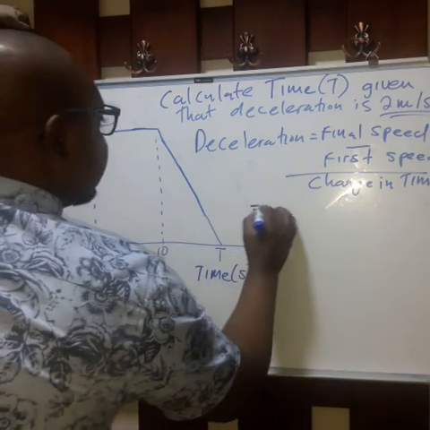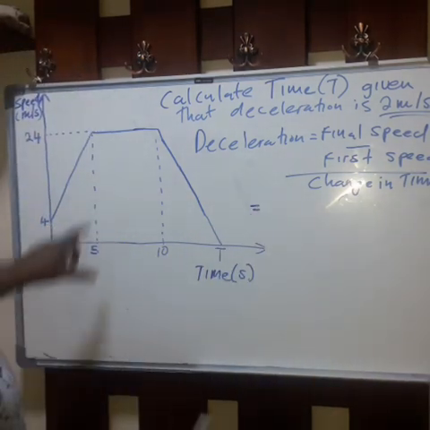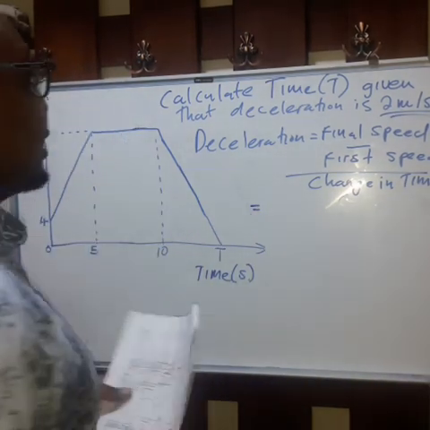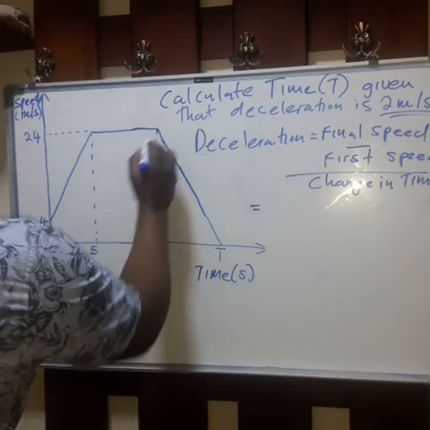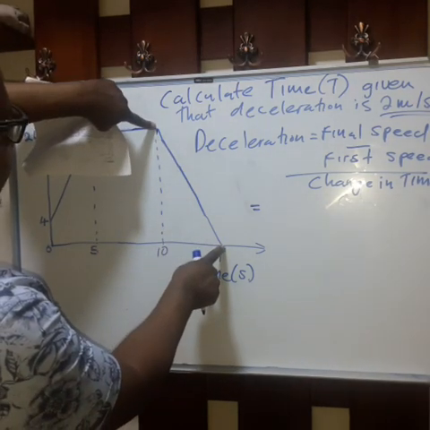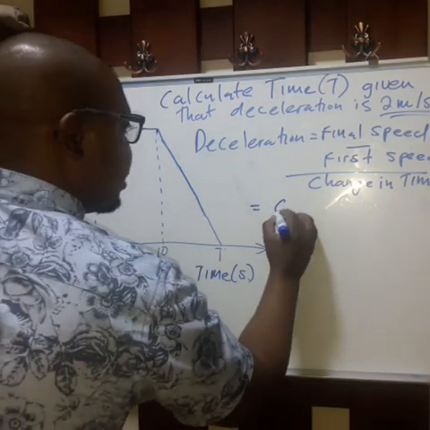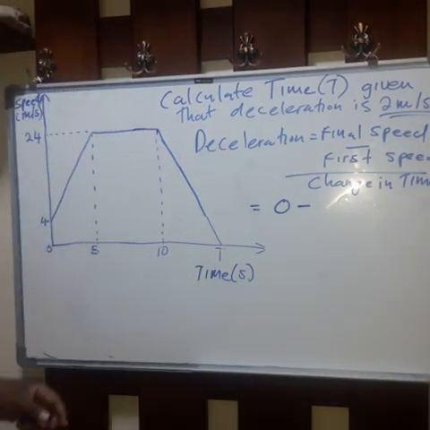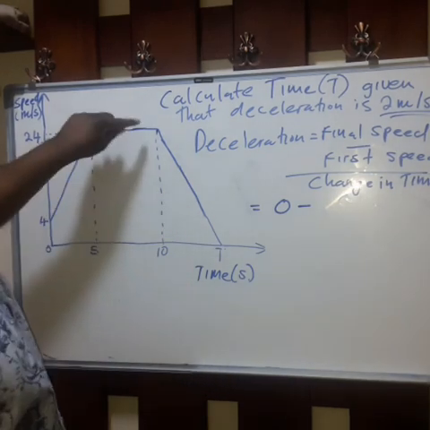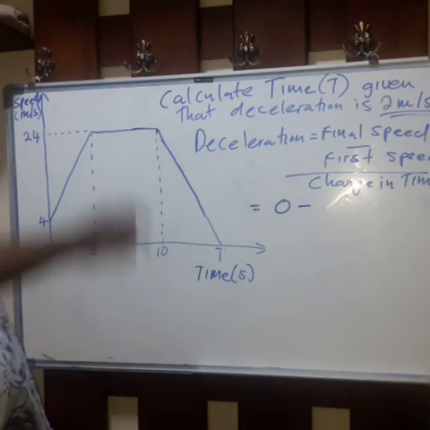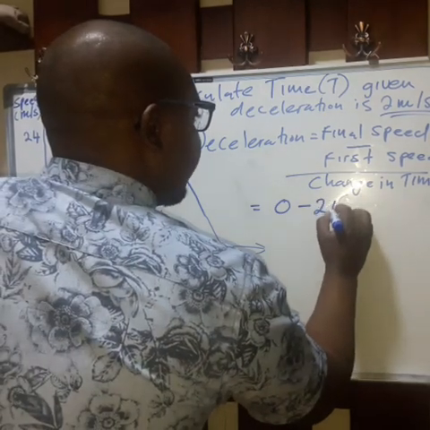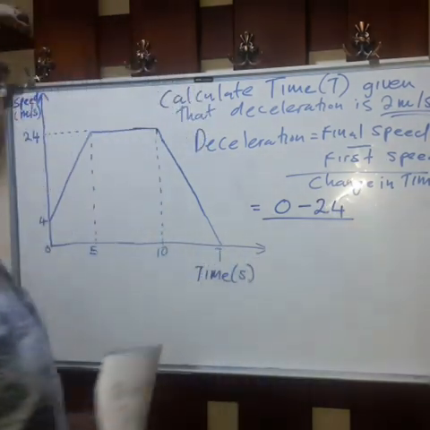Looking at my graph, this is the part where there is deceleration. The final speed is 0, the object had come to rest, so I put 0 there, minus the first speed, when deceleration starts, which is 24. So I put 24 there, over a change in time.